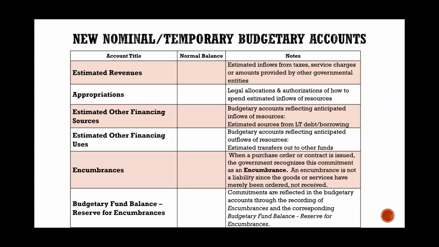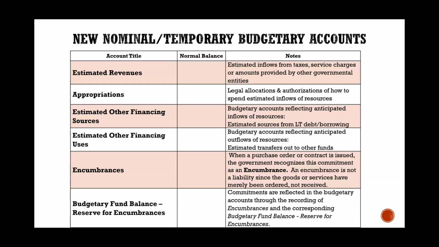So, finally, really quickly, and make sure that you take good notes on this. These are all these new nominal or temporary budgetary accounts that we've got, right? Recall, again, not that I don't think that you guys know this, but recall that a nominal account is an account that we close at the end of all the accounting periods.